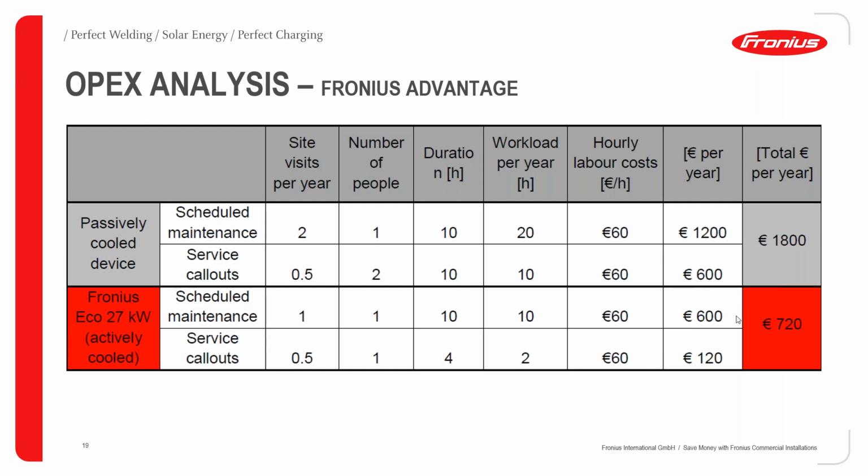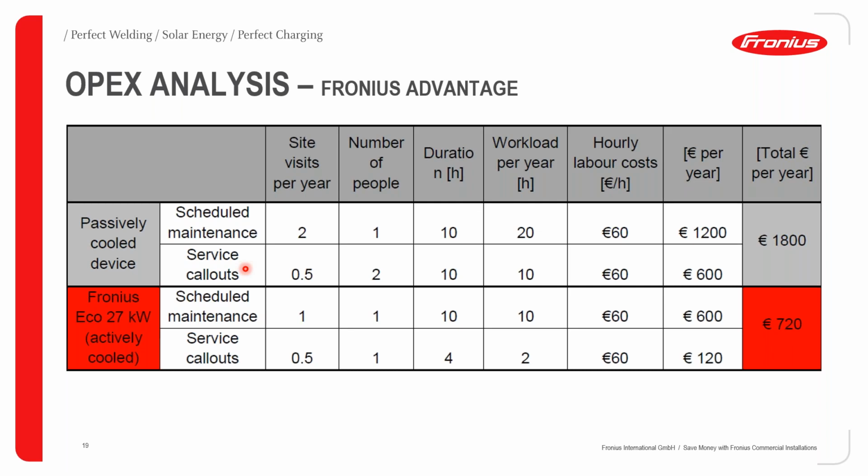For this particular analysis, we are comparing a passively cooled inverter with a Fronius Eco 27 that is actively cooled. And we have analyzed quite a number of things that need to be done from time to time. So we start with the scheduled maintenance, and then we also look at the number of service callouts that are possible.